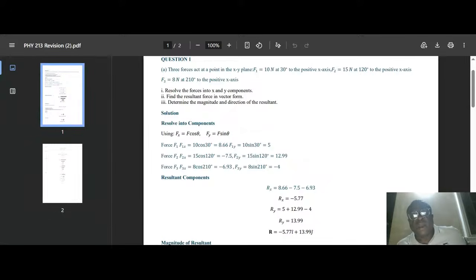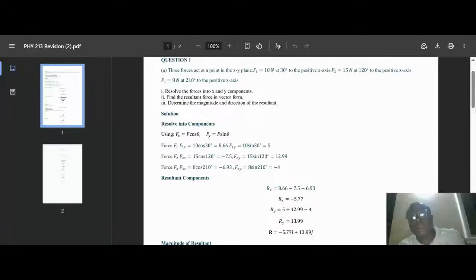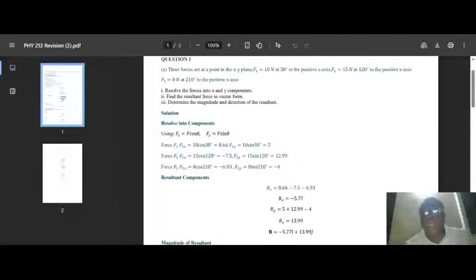For F3, we have minus 6.93. So by the time you sum these three forces, you have minus 5.77. Then for the Ry, that's the resultant on the y component, you sum the 5, 12.99, and minus 4, and it is 13.99.